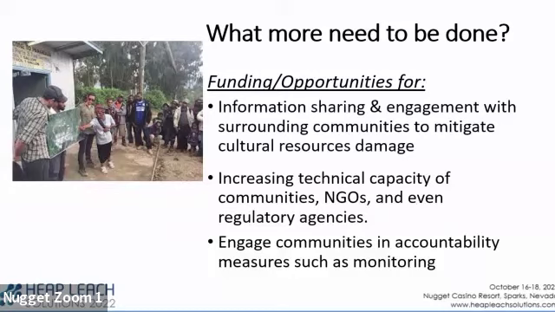So what specifically are we looking at? What do we think could help? Funding opportunities for information sharing and engagement with surrounding communities to mitigate cultural resources damages. As I mentioned, it's difficult. This is an issue that comes up frequently when talking with particularly Indigenous communities.